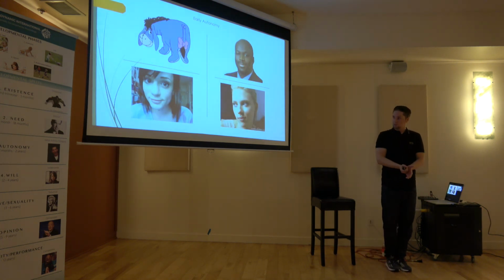So here are some pictures of what the early autonomy looks like in adults, as well as Eeyore has a little bit of this too. And so they have this really sort of pleasant way about them. My grandma has this character structure, and she knits and she paints, and she's very easygoing, and she sort of sits there and waits for things to happen, but she's not the one really initiating anything.